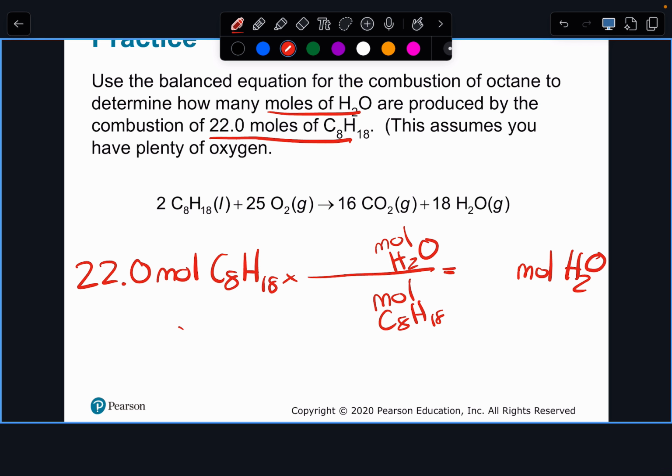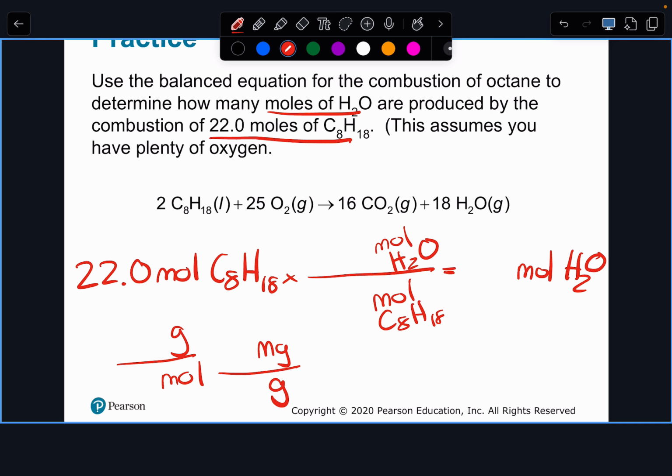Just like when you had grams and moles together, you want to think periodic table, okay? When you have some metric prefixes, micrograms and grams, you want to think what's the metric prefix. When you see moles and moles, balanced chemical equation.